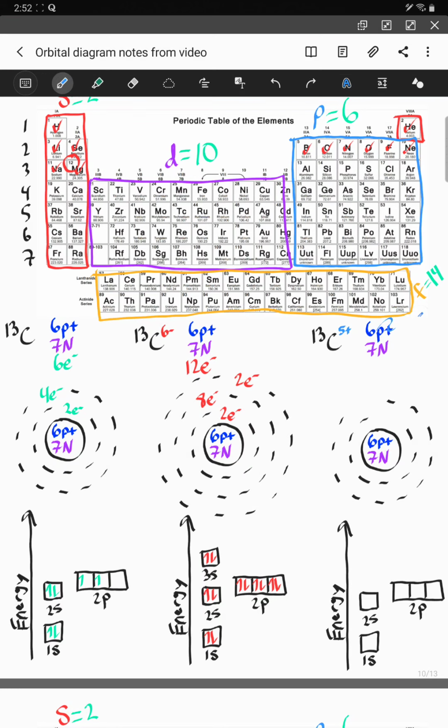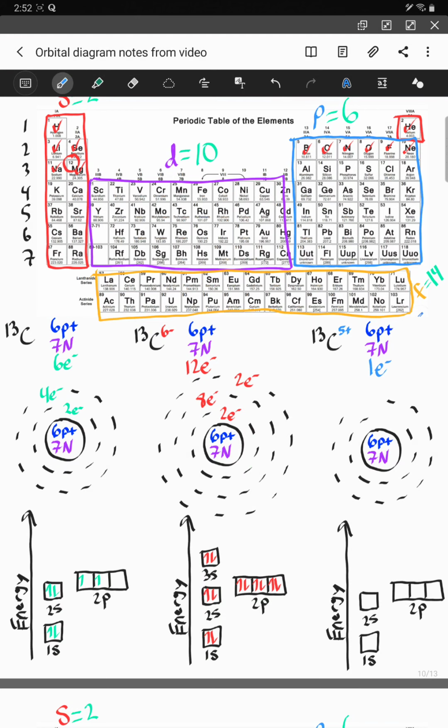So if we have 6 protons and we have a positive 5 charge, that means we will have 5 more positive charges than negative charges. So if we have 6 total positive charges, 6 is 5 more than what number? 6 is going to be 5 more than 1.